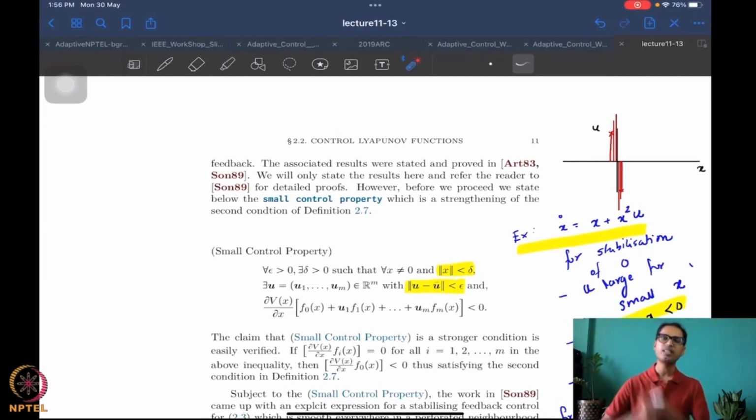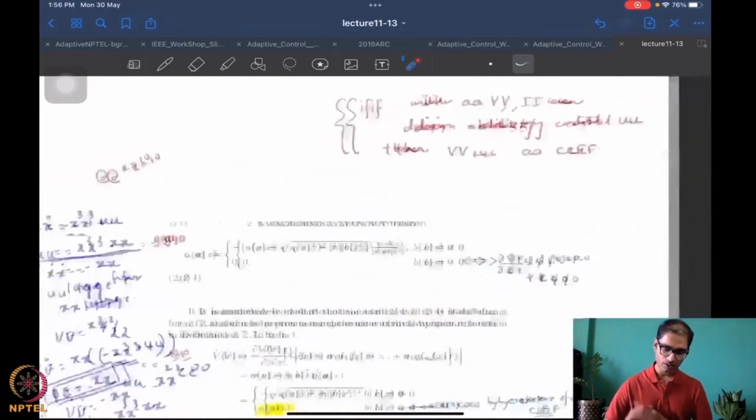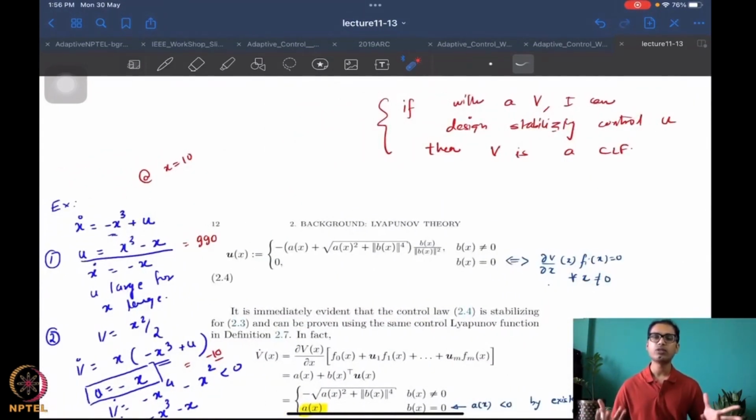The forward implication is that if V is a control Lyapunov function and you know that, then you can use the Arnstein-Sontag formula to devise a smooth stabilizing control. The converse is of course what we've been doing until now. Although we didn't call it a control Lyapunov function, we have been taking a V and designing stabilizing controllers out of it, which implies that the V we chose to begin with was a control Lyapunov function.